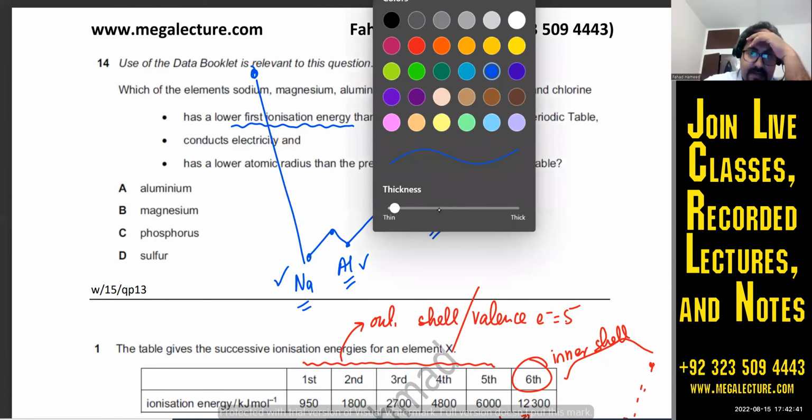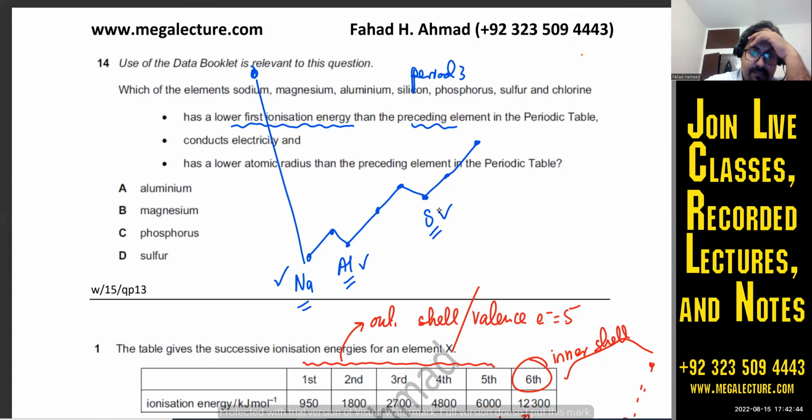फिर अगला part है कि he's saying it conducts electricity, so it's going to be these two. So they conduct electricity. And then he says has an atomic radius which is lower than the preceding element. And that would leave you with Al.